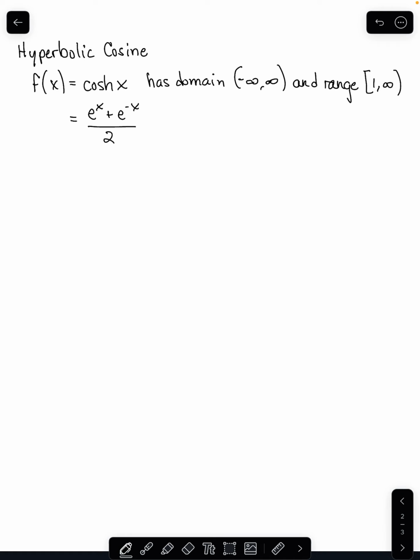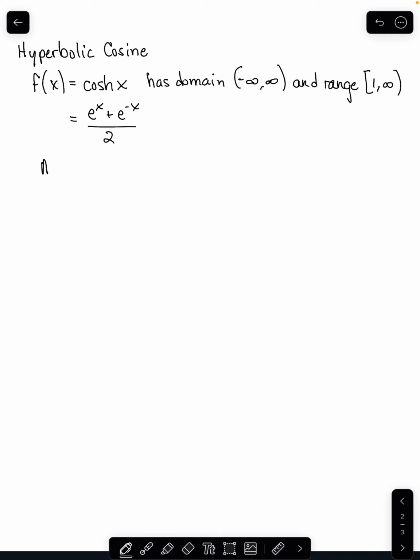e to the x is an exponential growth function, while e to the negative x is an exponential decay function. Thus, when one of them is getting very, very large, the other is getting very, very small.